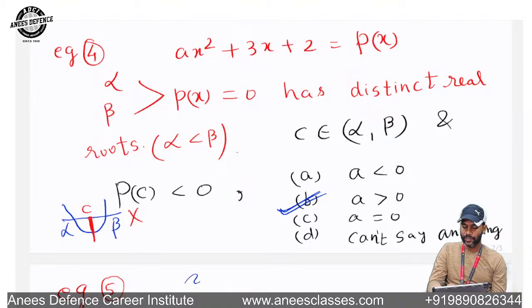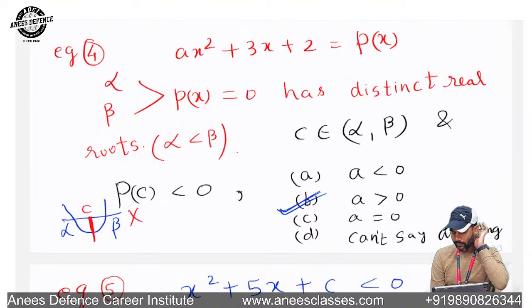Suppose we have the equation minus x square plus 5x plus c is less than 0. You need to tell me what c belongs to.